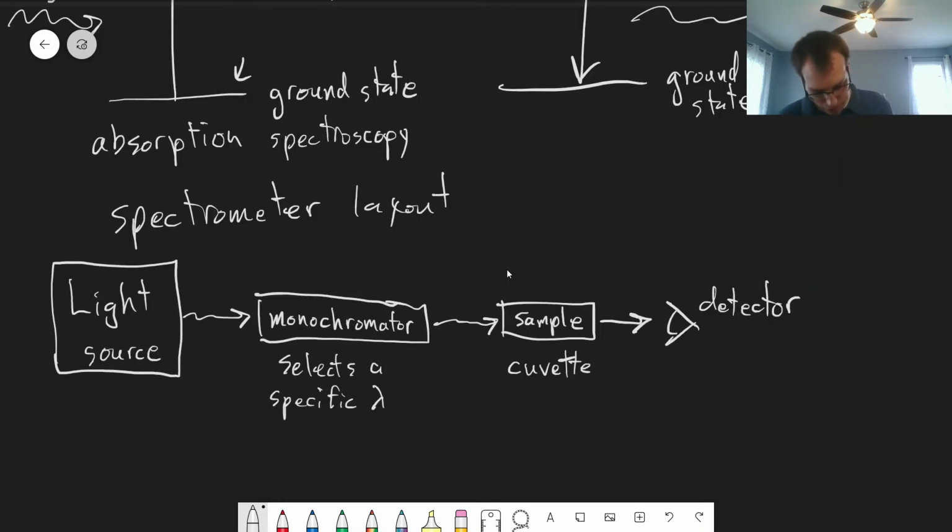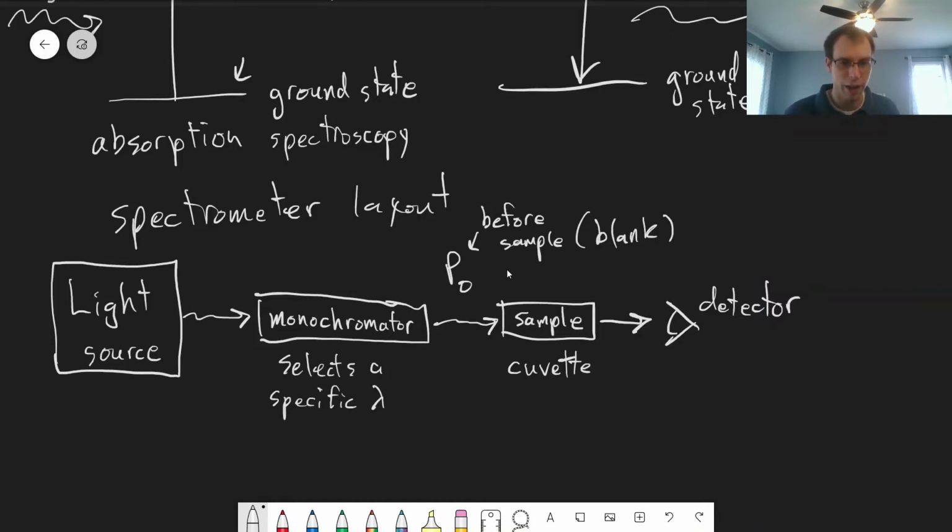And so this is often represented as P0, the amount of power that light produces. So this is before the sample, or usually what's done is with a blank instead of our sample in there. And we did this with our experiment earlier this semester. And then we compare that to P after the sample, right, where we have something that is absorbing some of that light.